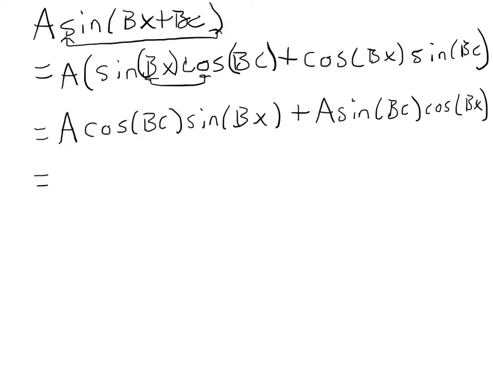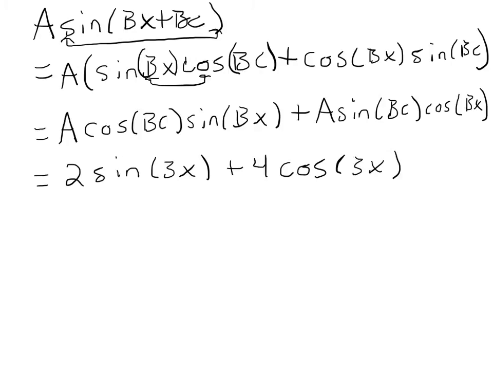Now remember, I want that to be the same as the problem on the previous slide, which was 2 sine of 3x plus 4 cosine of 3x. So now I'm going to match up the pieces of the formula.